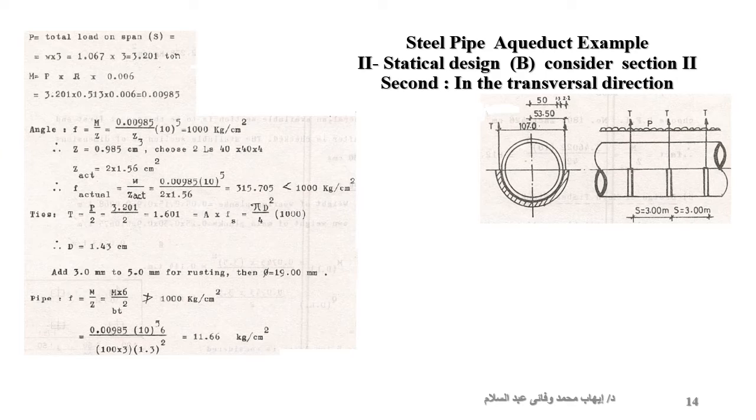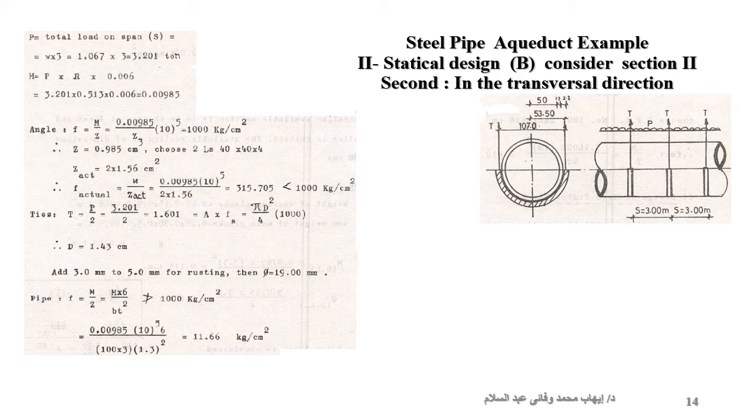We will find that F actual is not more than 1,000 kilogram over square centimeter. That's for angle. For ties, we arrive that D for ties equal 1.35 centimeter. Added 3 millimeter to 5 millimeter for rusting, then phi equal 19 millimeter.